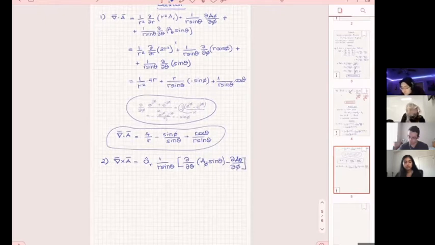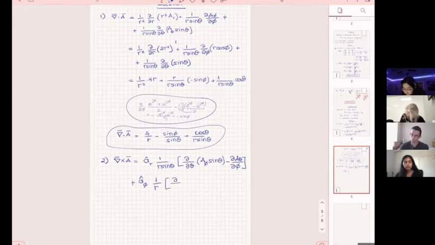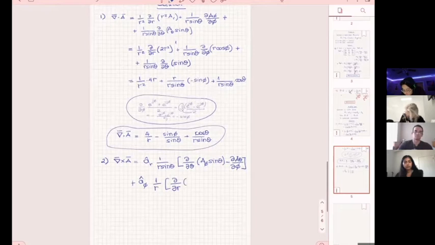That's one. Then a sub phi is 1 over r, partial derivative with respect to r of r a sub theta, minus partial derivative of a sub r with respect to theta.